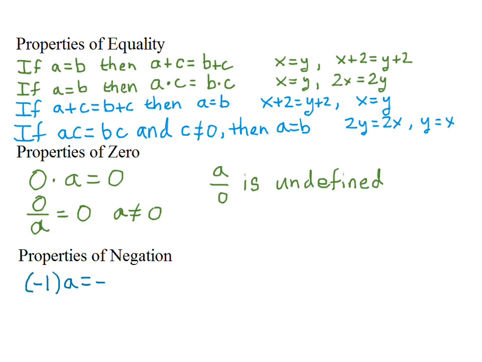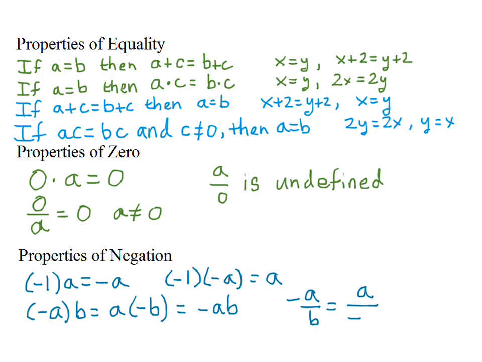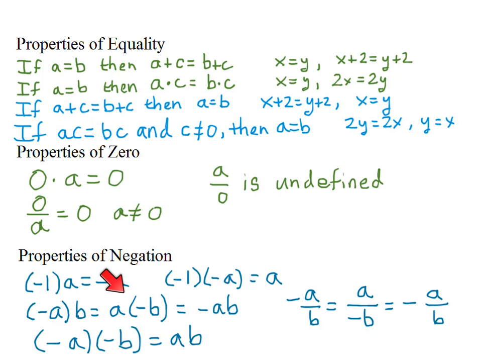Properties of negation here. This is -1 times a equals -a. -1 times -a equals a. So you probably think of this more as properties of multiplication, which is true, but wherever we have the negative, whether it's in the numerator or in the denominator, it makes the whole ratio negative.